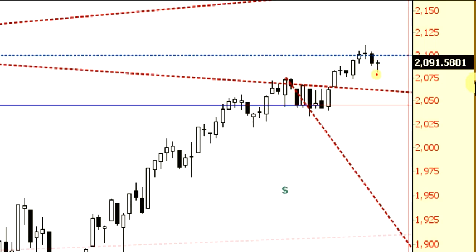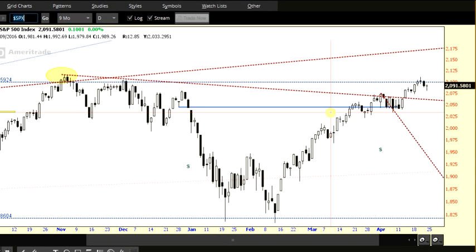It sold off, found support, and rallied back up pretty good today. The open and the close were roughly the same today, so there's a whole lot of nothing in today's market. But wow, what a move up here. I think this is like 16% or something like that.